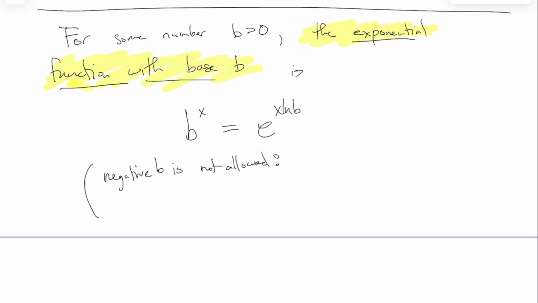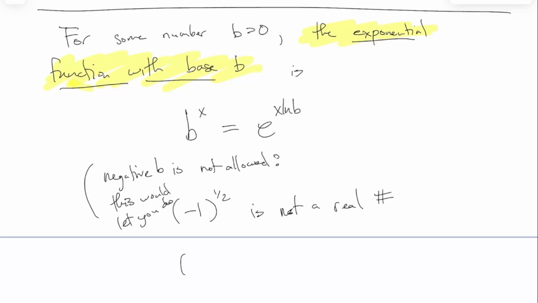If you allow negative b, then that would let you do something like -1 to the 1/2 power, which is the square root of -1, and that is not a real number.